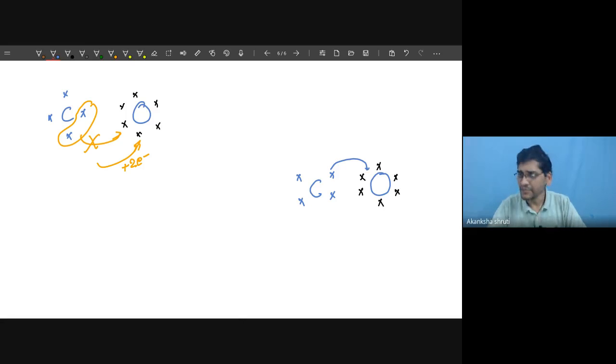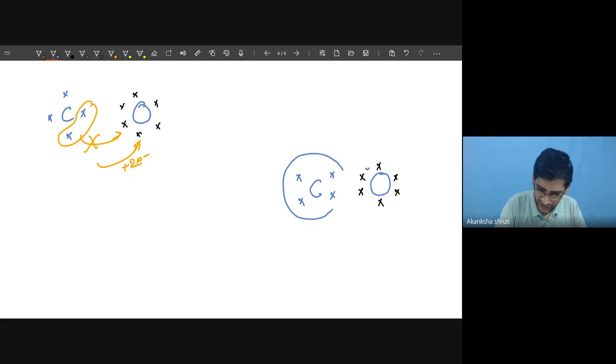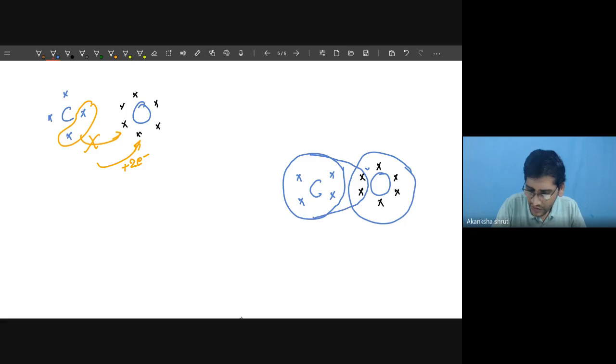So let us come closer to each other. So what will happen? Earlier the structure was like this one. Carbon was totally circular and oxygen was also a totally circular atom. So what will happen? This carbon will extend their boundary and oxygen will also extend their boundary in the region of carbon. Now the boundary gets modified.